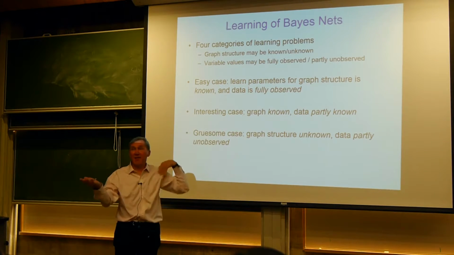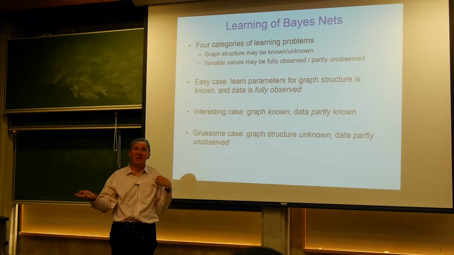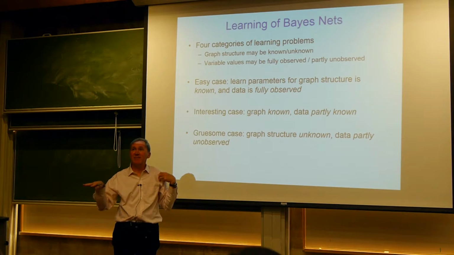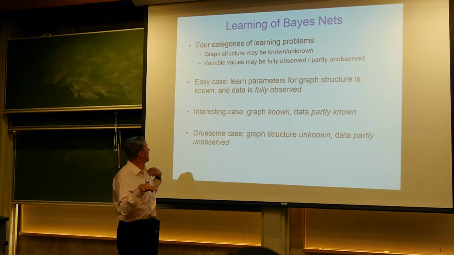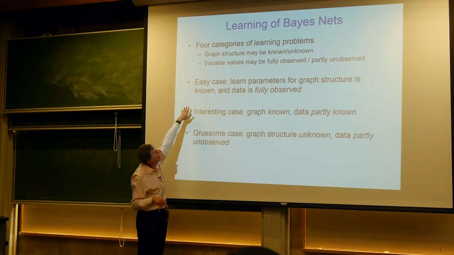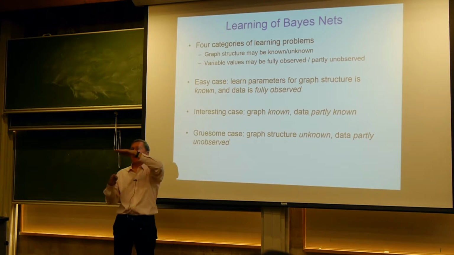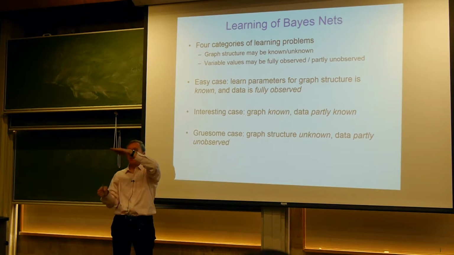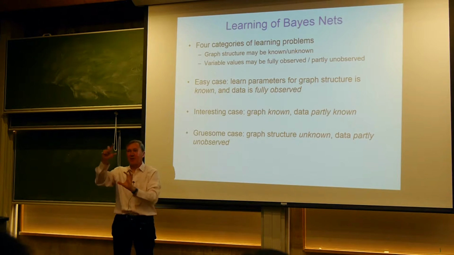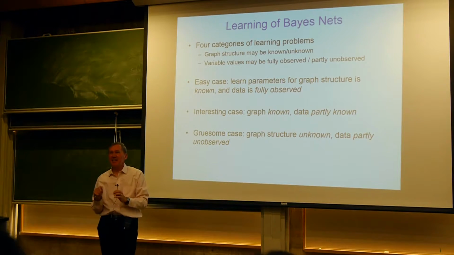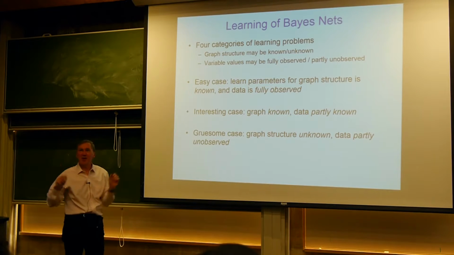That second case we haven't really talked about in the course, but we'll talk about it today. So the easy case, so having the graph or not, and being able to observe all the variables or only a subset of them, gives us a little four quadrant design set of learning tasks.